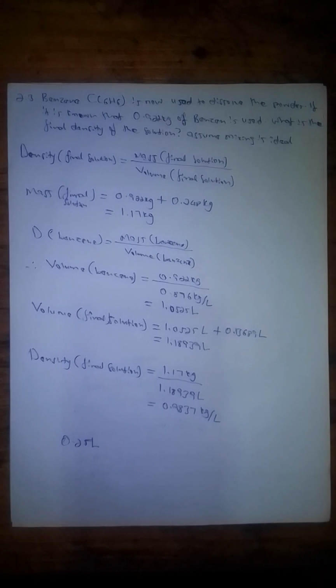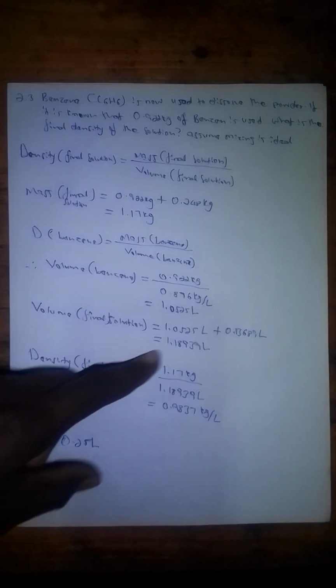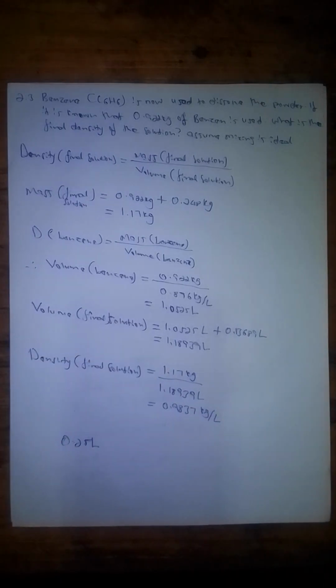You should make your chemical engineering intuition by now to realize that if this is the benzene with this SG or density, then its volume is bigger, so we cannot have this mixing in there. So I just wanted to explain that it's important to notice that.